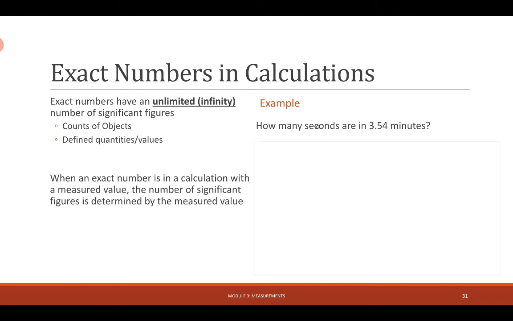So for example, if we were trying to figure out how many seconds are in 3.54 minutes, we can set up a unit conversion. And so we have 3.54 minutes. We need to cancel out our minutes, and we need to get into seconds. There are 60 seconds in 1 minute by definition.